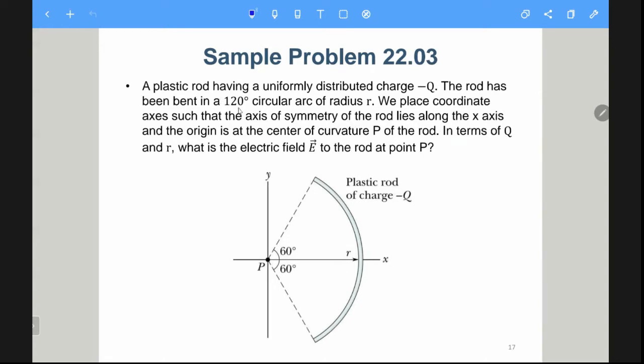So it is totally 120 degrees, and we place the x-axis and the rod here so that we have positive 60 degrees here and negative 60 degrees here. And the origin is at the center of curvature P. So this is the center of this arc. In terms of Q and r, what is the electric field E due to the rod at point P?